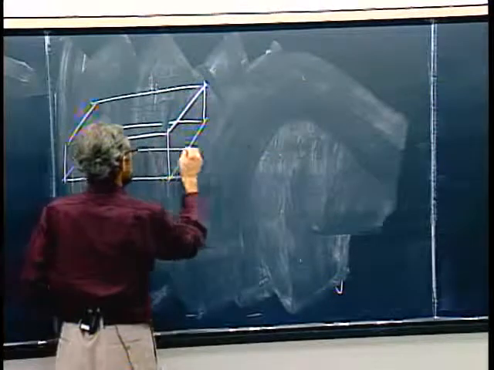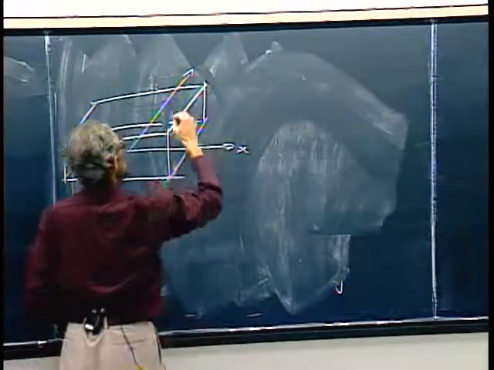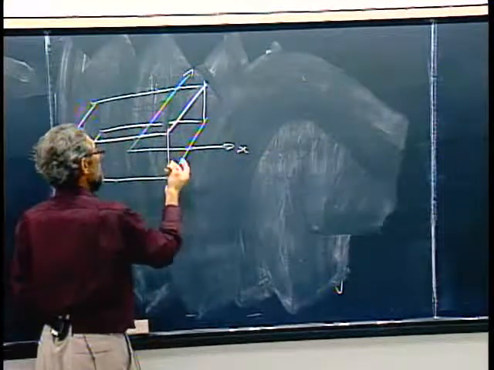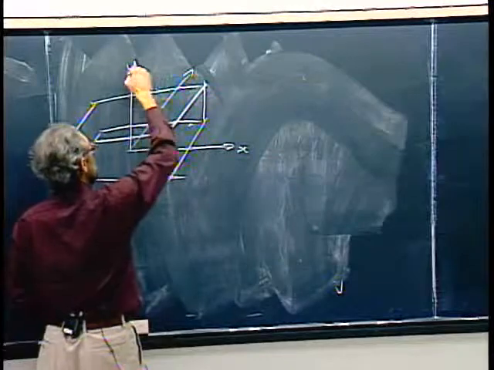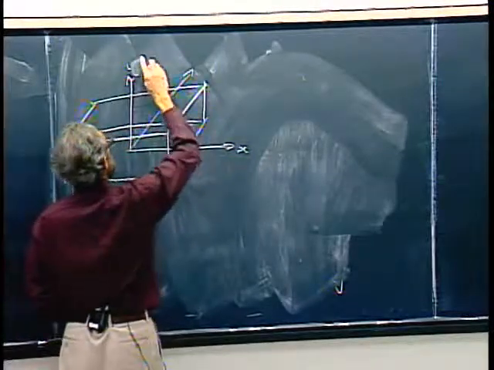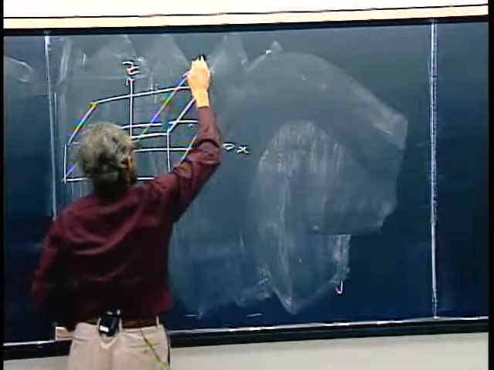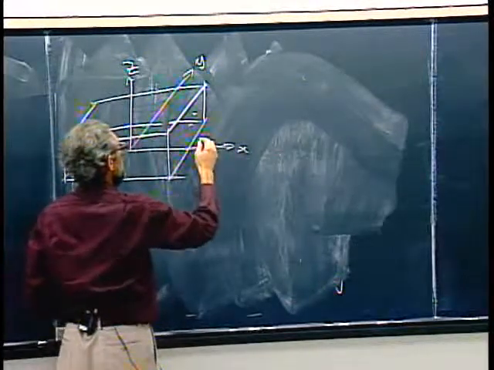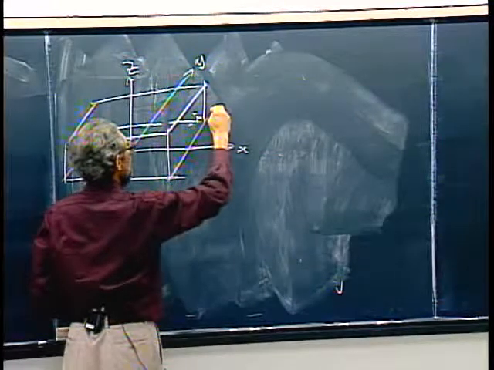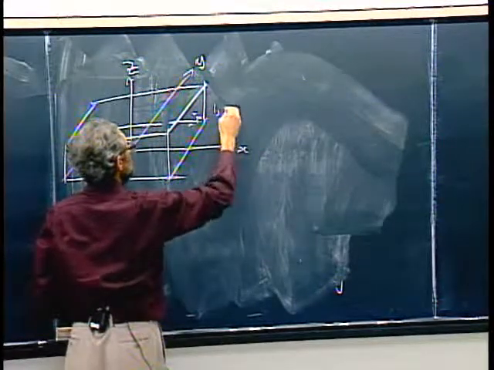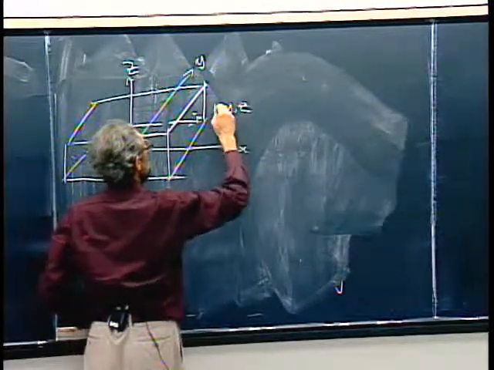And now if this is x, let's look at something on the face that's perpendicular to the x-axis. So a point here, if this is y, and I'm sorry, that's z, and this is y, we can think of a point here, a pixel whose coordinates are 1 for x, and then y and z.